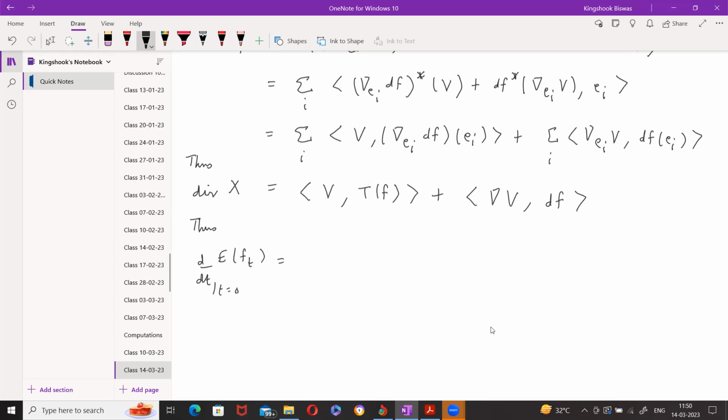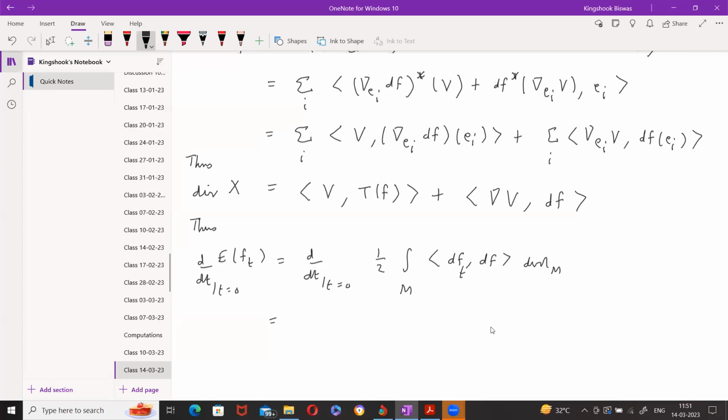So this is d/dt at t equal to 0 of half the integral over M of the inner product of df with df, d vol M. By the metric compatibility, I can take the differentiation inside the integral sign.